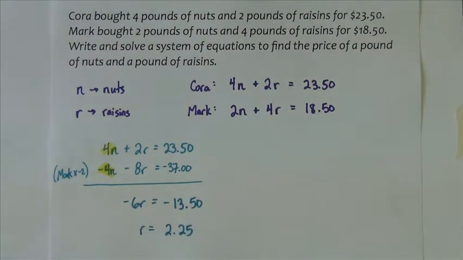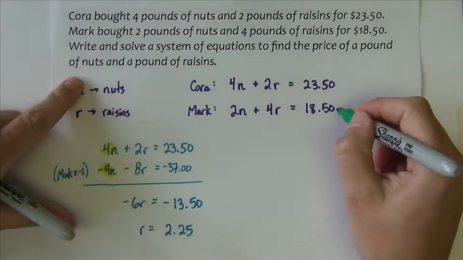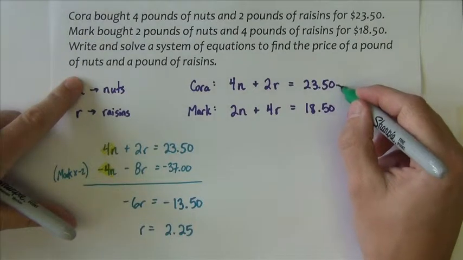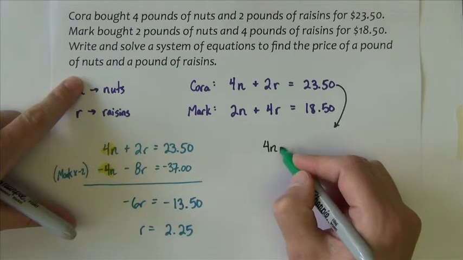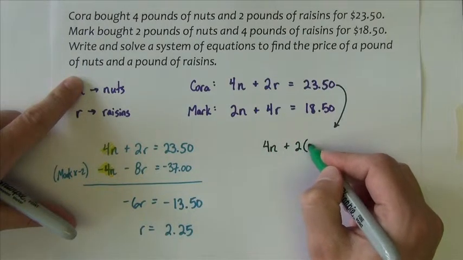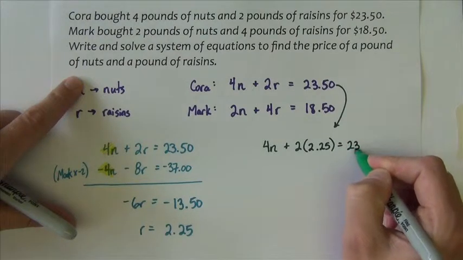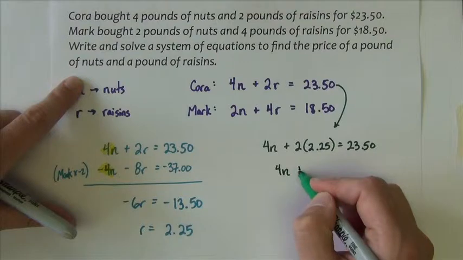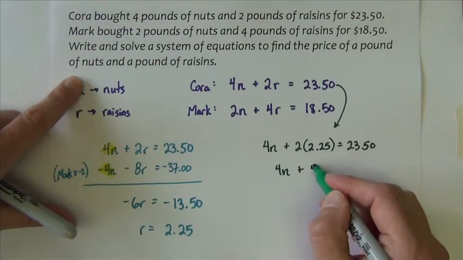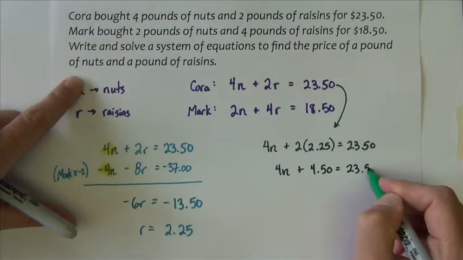Okay. Well, now we need to solve for the n. So let's just take Cora's equation. 4n plus 2 times the r that we found, 2.25, equals 23.50. That's 4n plus 2 times 2 1/4 is $4.50. It's 23.50.